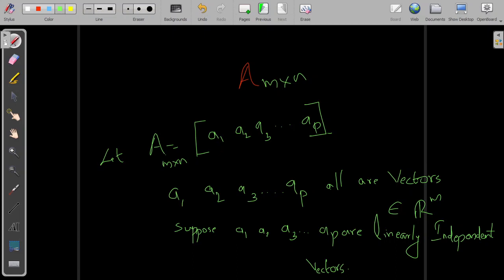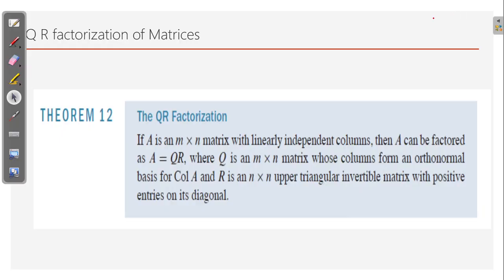That means the column vectors of A are linearly independent vectors. Linearly independent vectors you know, so I'm not repeating that. So if A is an m by n matrix with linearly independent columns, then A can be factored.